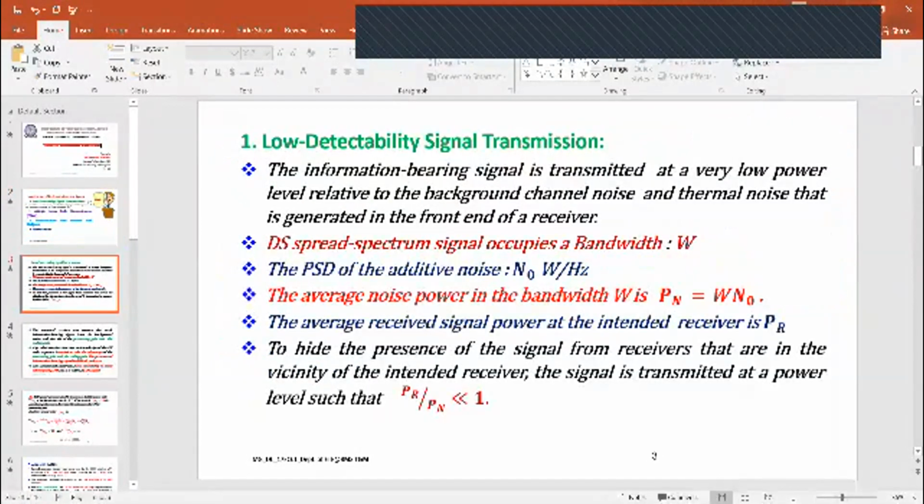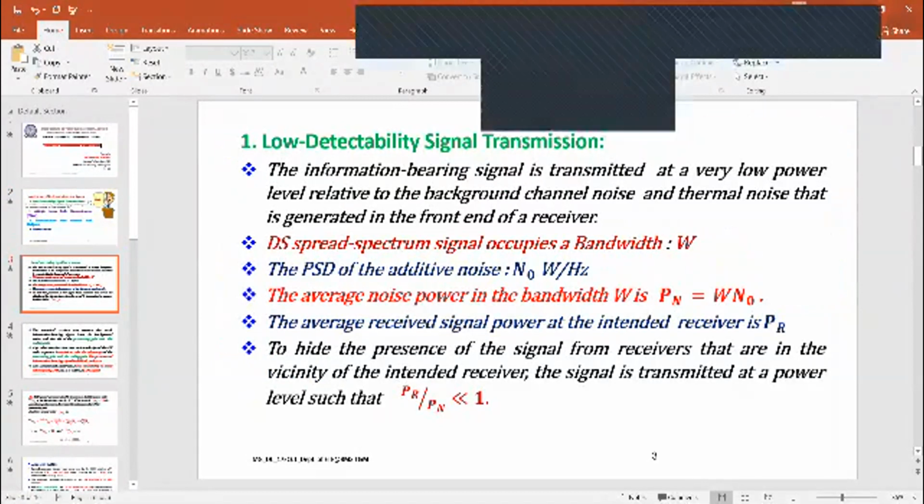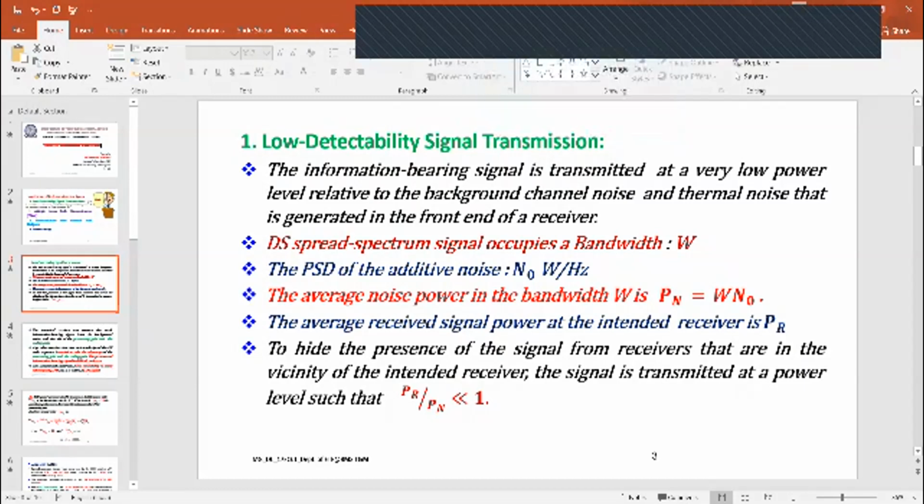In this case, that is low detectability signal transmission, the information bearing signal will be transmitted at a very low power level. The power level will be very small compared to the background channel noise as well as the thermal noise generated at the front end of the receiver.